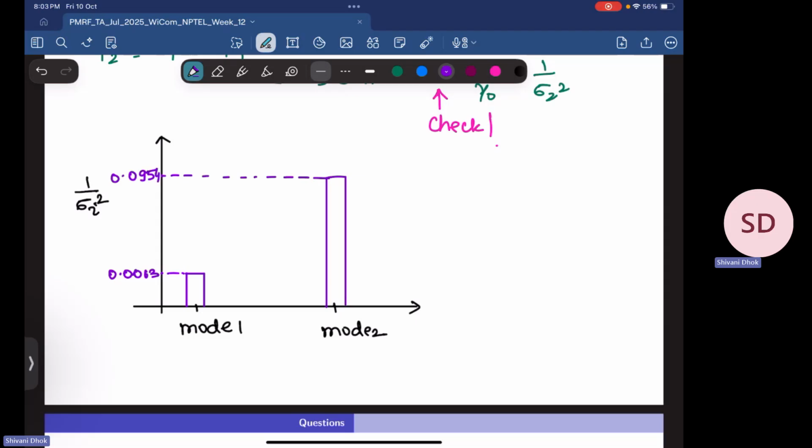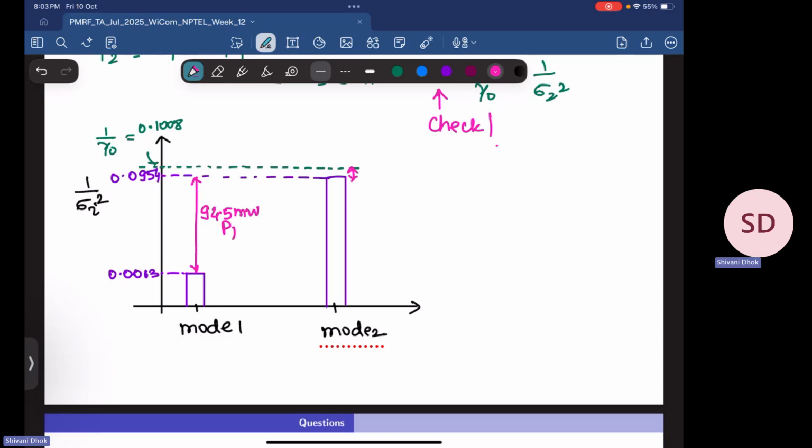And your 1 by gamma naught now comes out to be equal to 0.1008. So then this much, which is equal to 94.5 milliwatt, is your P1.